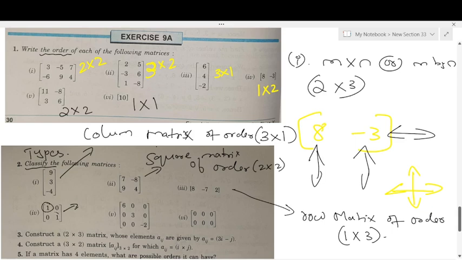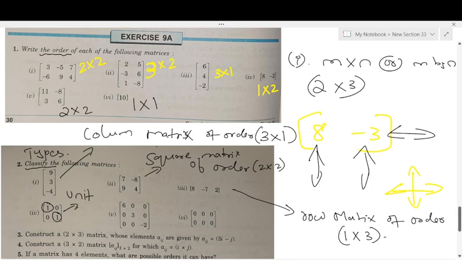The reason is the values are 1. What is identity matrix also known as? Unit matrix. Any number in the diagonal except 1, if other numbers are there, we give preference for diagonal matrix. We call it diagonal. If 1 is present, we call it unit or identity matrix.